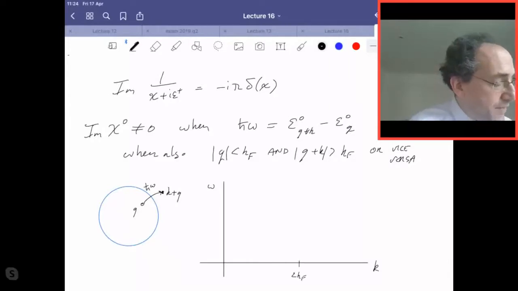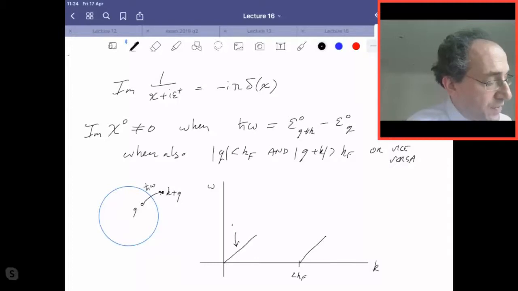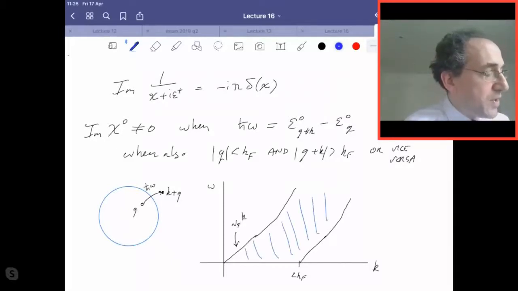And we'll have a slice coming up like this, and the slope of this line is vF k. And then it curves upwards like this. And in this region here, the imaginary part of the response is non-zero.